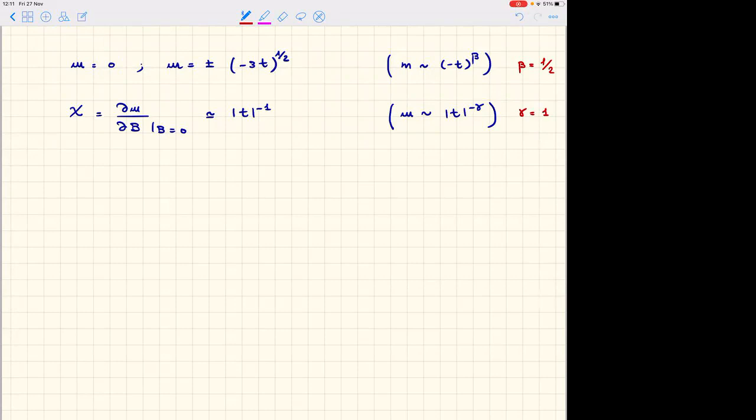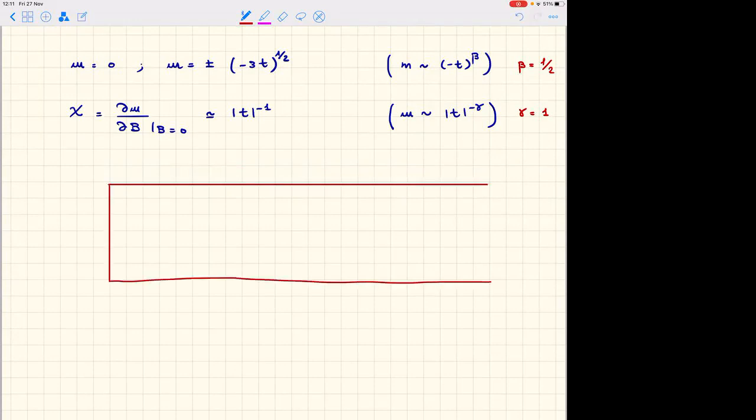Now, these critical exponents can be measured or calculated explicitly in many circumstances. So let me make a table to finish this lecture discussing an important thing.